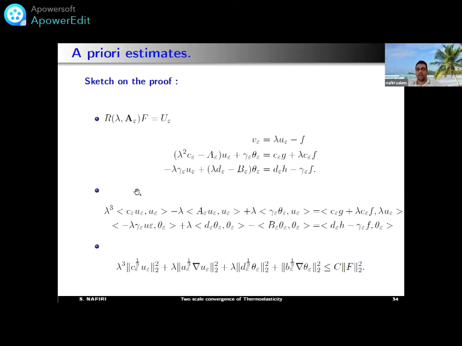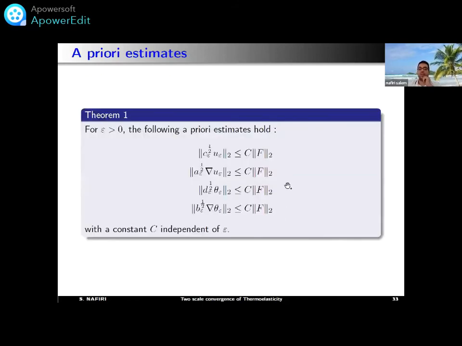I get this equation. Using the hypotheses before and Young's inequality, I get this last estimate, and it is true for all lambda positive. So consider lambda equals 1, and you get the required estimates.